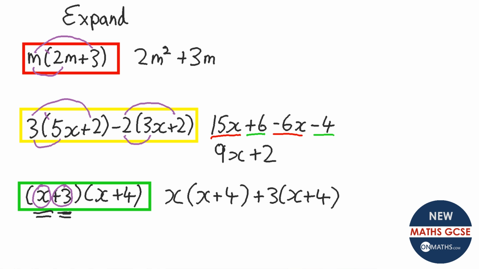Okay. So with the previous questions, we've had one number before the bracket. Now we've got two. We've got the x and we've got the positive 3. So let's do the x first. I'll do that little line to remind me. X times x is x squared. Okay, x times 4 is plus 4x. Okay, let's do a smile rainbow for the next one.